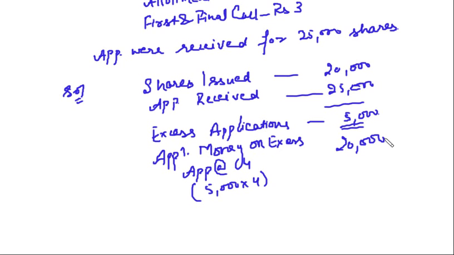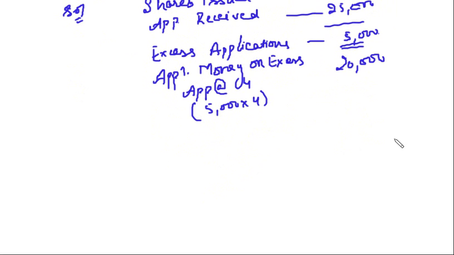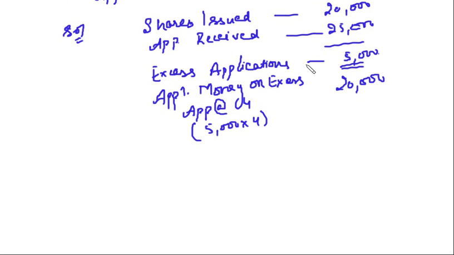That means, what is the excess application money that you have received? 20,000 rupees. Take it the other way. I'll explain you in two ways, right? This is one way, that you find out the excess applications, and on those excess applications you must have received the application money at the rate of rupees 4. So you can find out what is the excess application money that you have received.